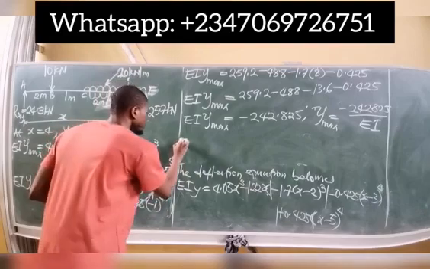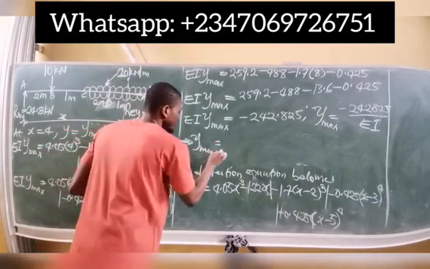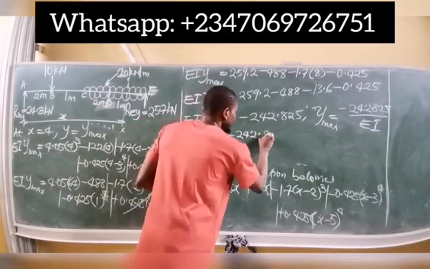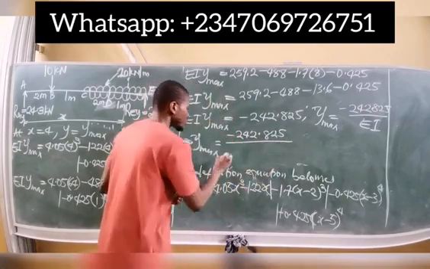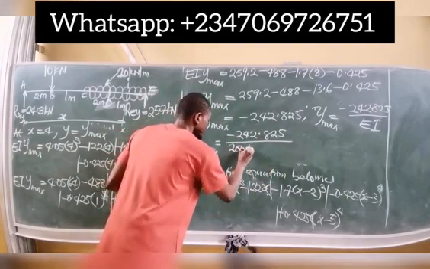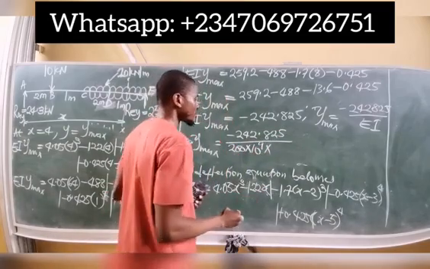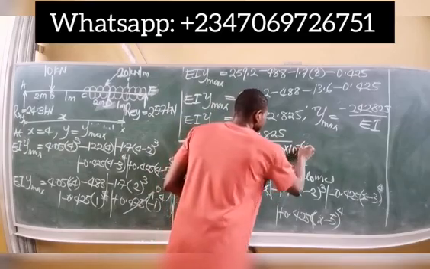So y max is equal to minus 242.825 all over Young's modulus, 200 gigapascals, which is 200 by 10 to the power of 9, multiplied by moment of inertia, which gives us 20 by 10 to the power of minus 6.